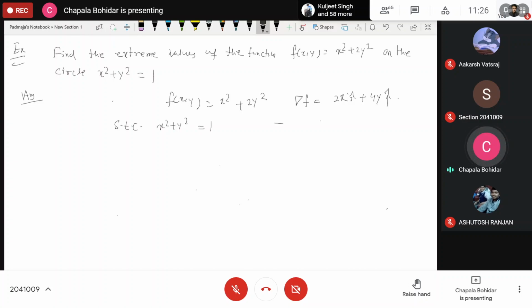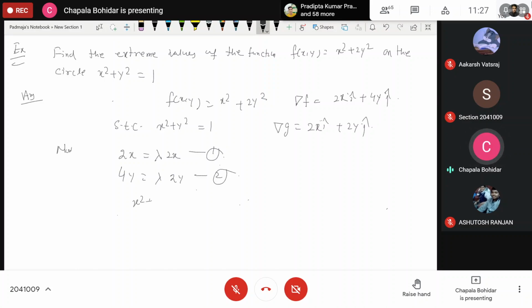So grad of g is equal to 2x i plus 2y j. So now, writing directly, 2x is equal to lambda into 2x. Then 4y is equal to lambda into 2y. And it is given x square plus y square is equal to 1.